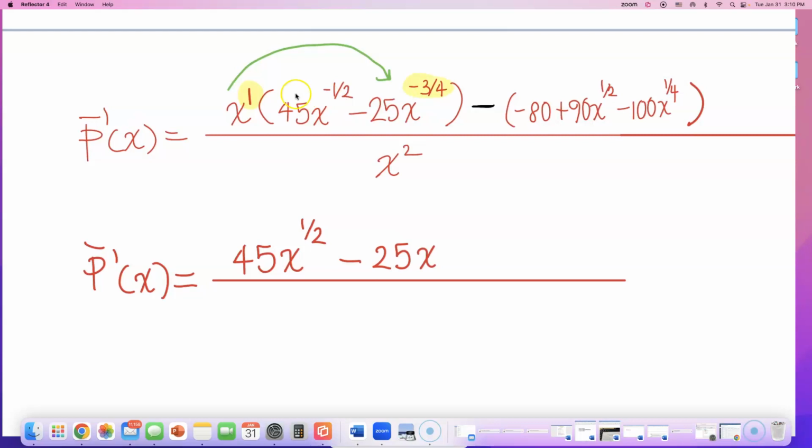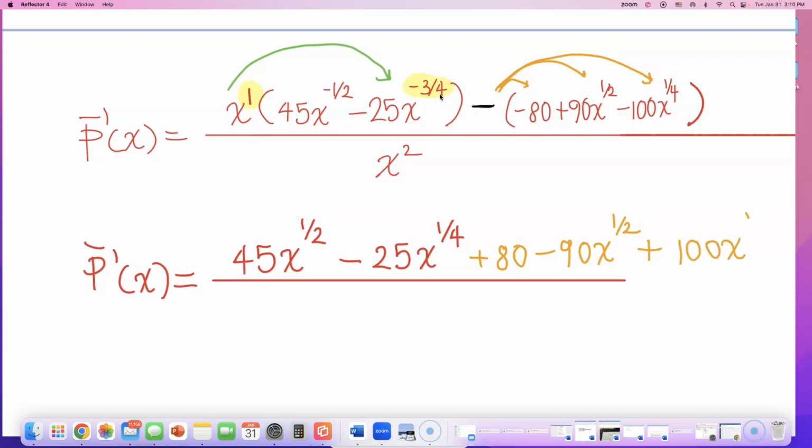So add the yellow highlighted fractions of these exponents. 1 plus negative 3/4, or 1 minus 3/4, that's going to be just 1/4. All right, now I'm going to get this one out of that parenthesis by simply switching the sign of everything. Okay, all over x squared.